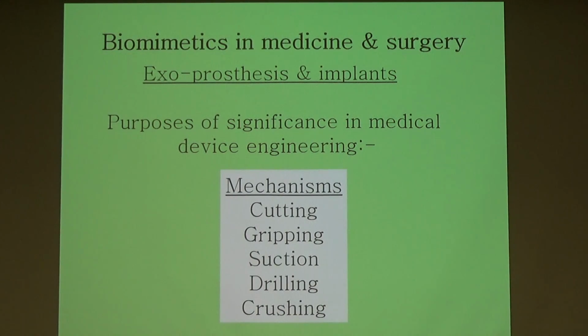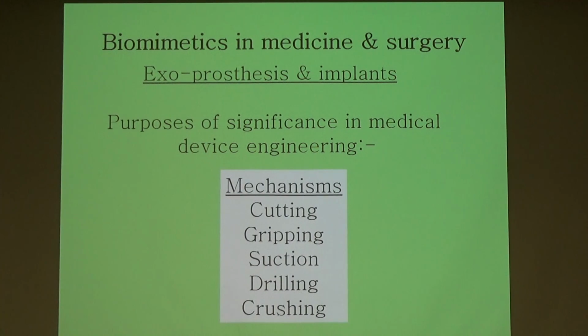As an example, in the surgical field, there are a number of mechanisms that we could use in medicine and surgery. In surgery we can have better cutting tools, we need better gripping tools, suction devices, drilling machines, and crushing devices to improve the way surgery is done.